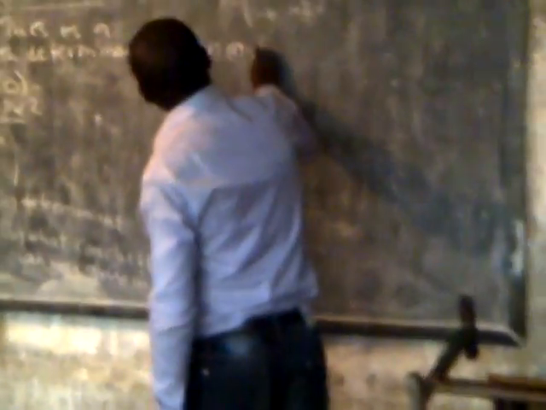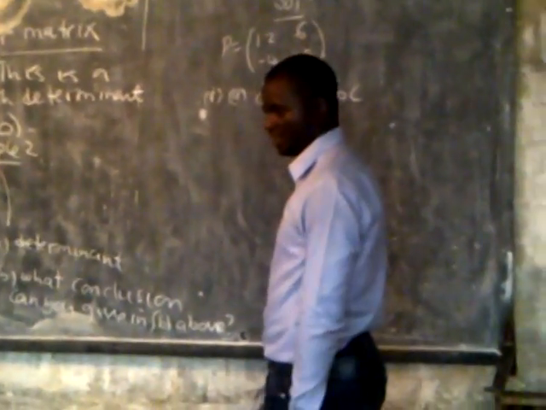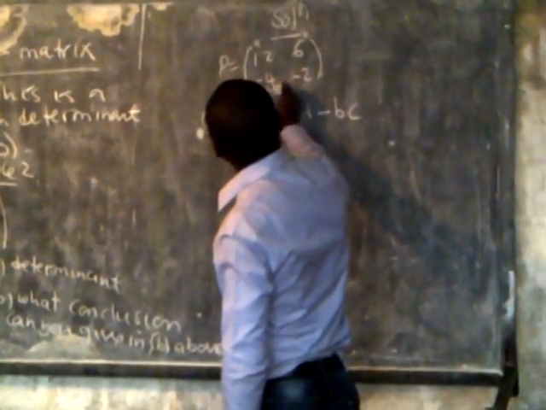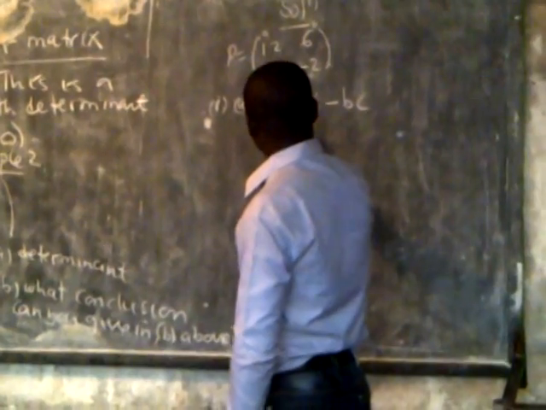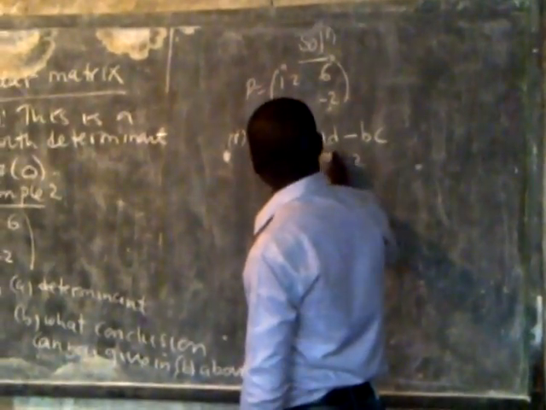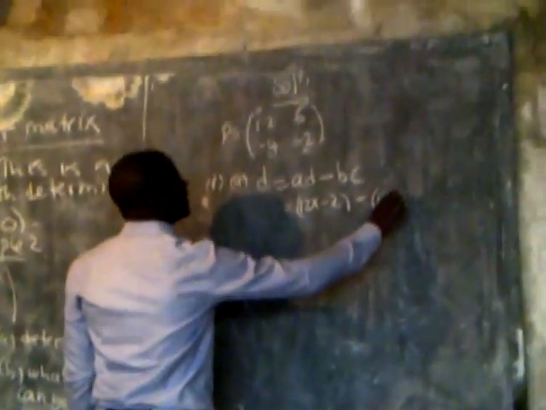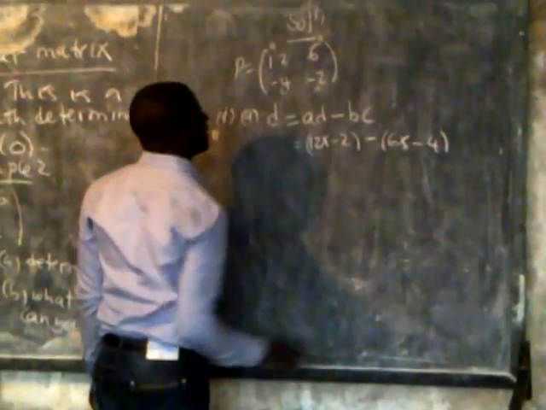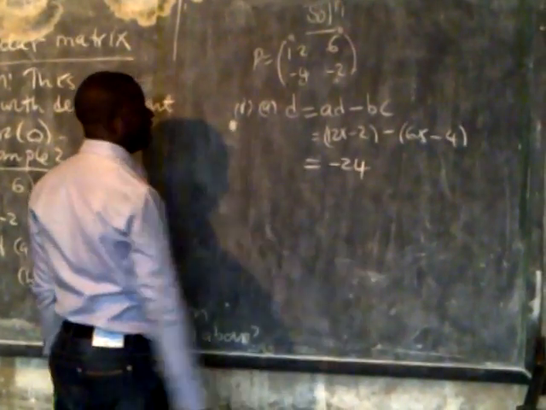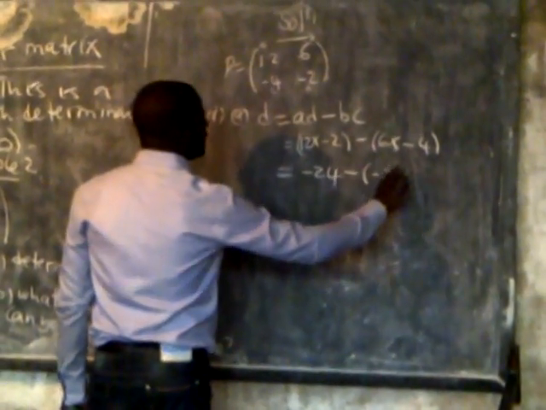You know that determinant formula is supposed to be AD minus BC. So that one is A, that one is B, that one is C, that one is D. What is our A? 12. What is our D? -2. Minus, what is our B? 6. What is our C? Minus 4. Positive times negative, -24. Minus is to maintain the bracket.